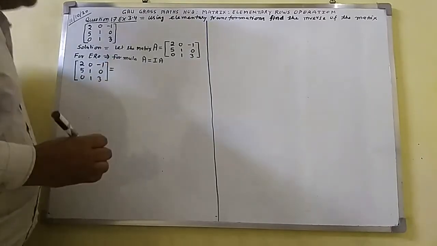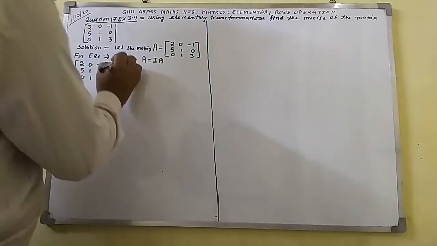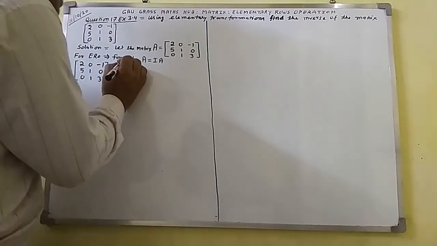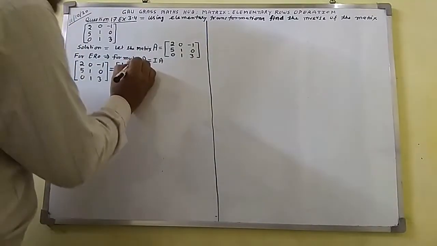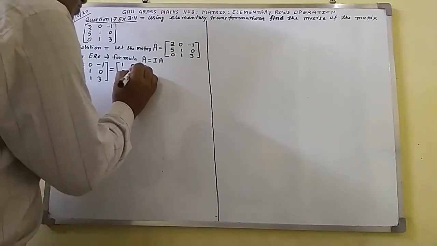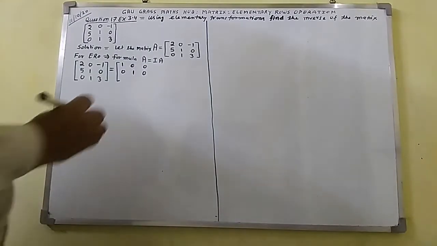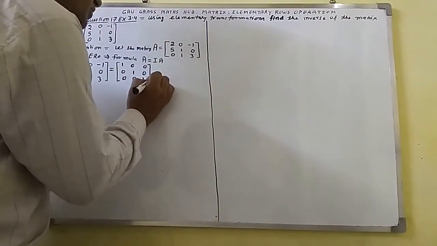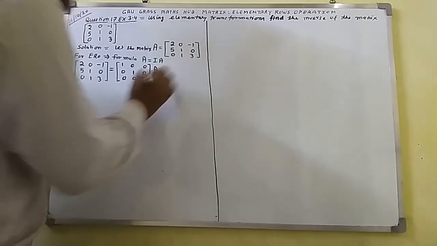Equal to, here I is the identity matrix. So in place of I I shall write the elements of first row 1, 0, 0, second row 0, 1, 0, third row 0, 0, 1. Closing of square bracket, dot A will be written here.